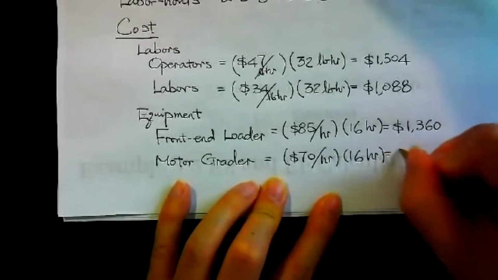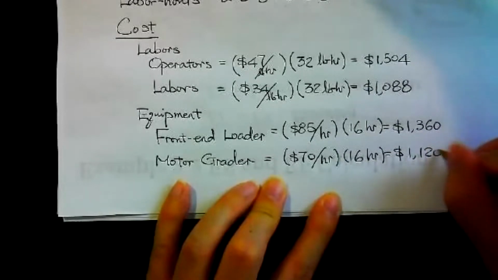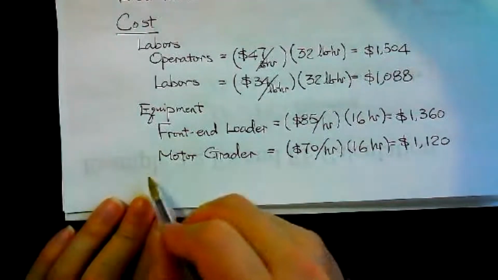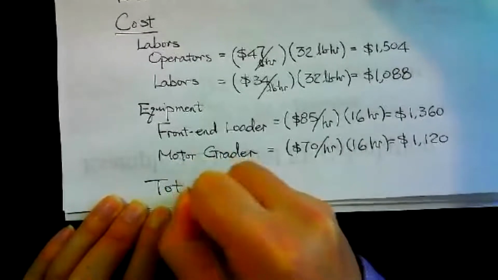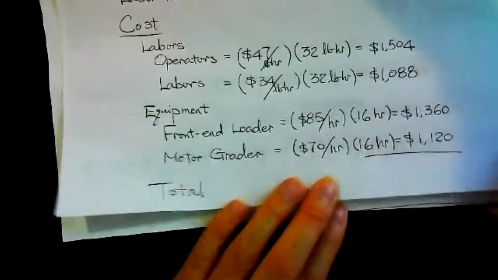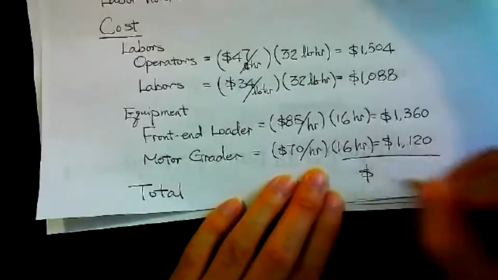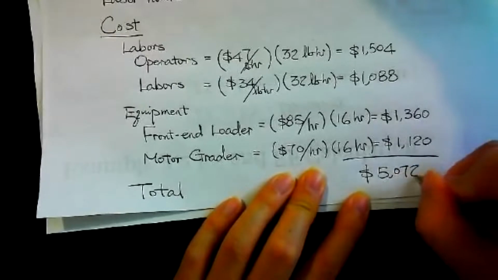So this one gave us $1,120. So no material, material is 0. So the total will be the sum of all of this. The sum of all of this is equal to $5,072.